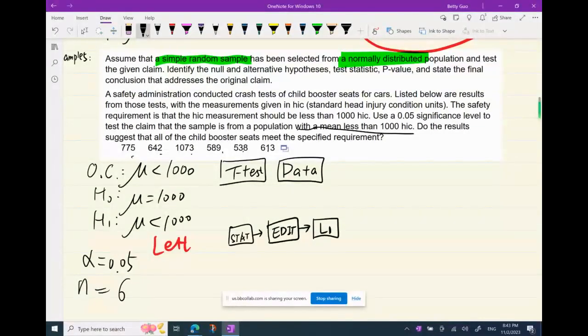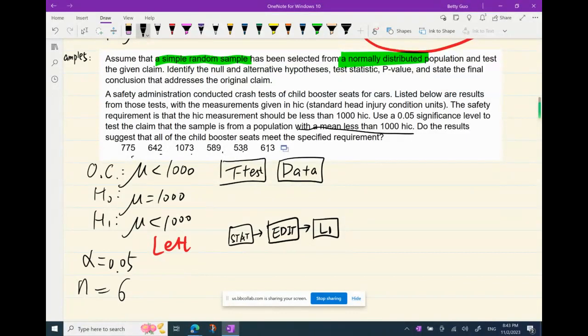I'd rather slow down than make any mistake. 538, 613. Sometimes I spend time to double check because, to be honest, this is all you need to do if you use a calculator.